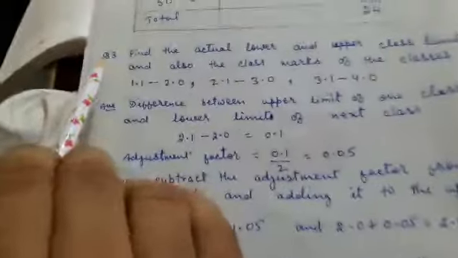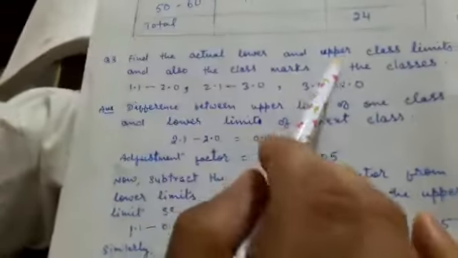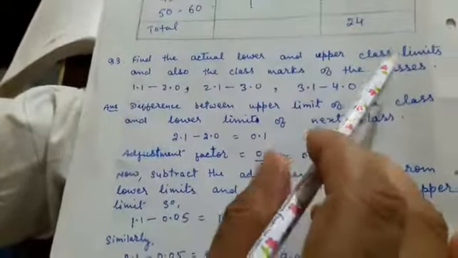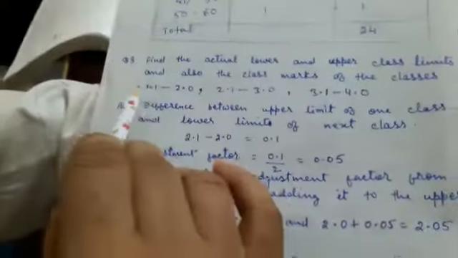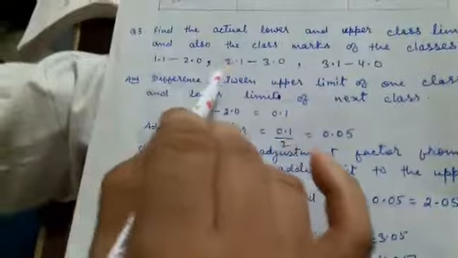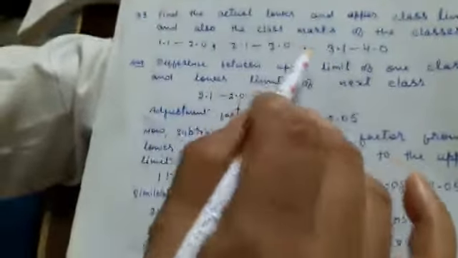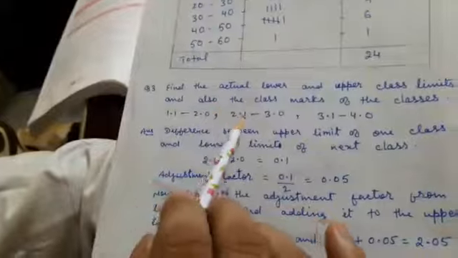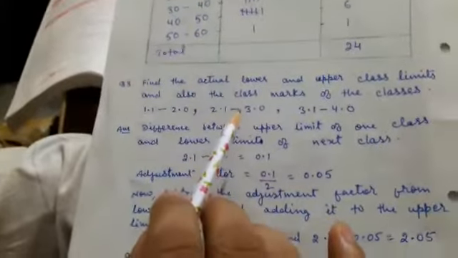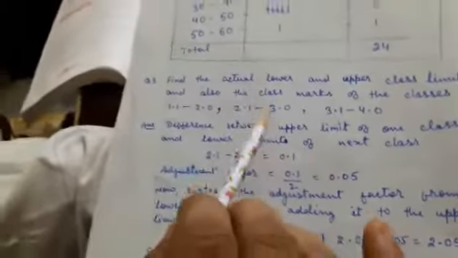Next question: find the actual lower and upper class limits and also the class marks of the classes 1.1 to 2.0, 2.1 to 3.0 and 3.1 to 4.0. Dear students, if you look carefully, you will find that these class intervals are inclusive, not exclusive.